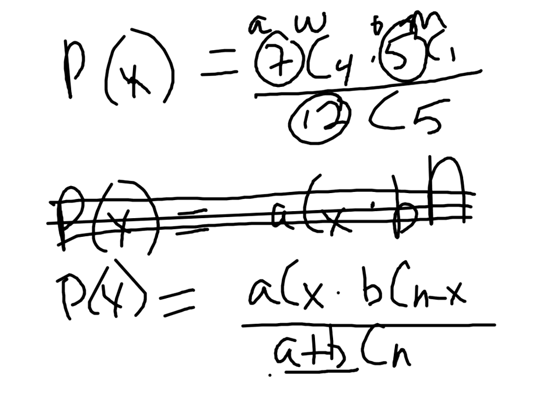What I'm trying to say here is the 12 minus the 7 gives us 5. We're going to have a total of 12 people.